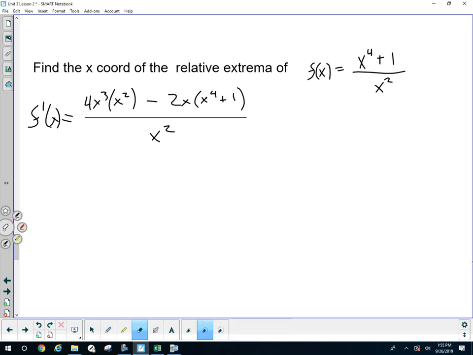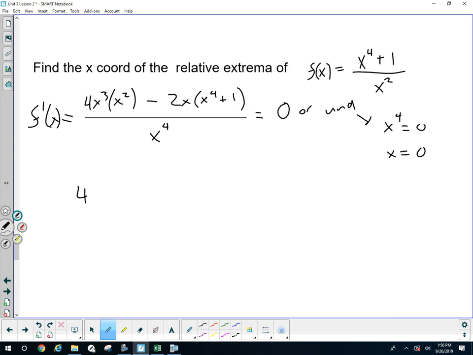X squared squared, x to the 4th. Remember, the key points are when this is 0 or undefined. Okay, undefined is when the denominator equals 0. There's my first critical point at x equals 0. Second critical point when my numerator equals 0.